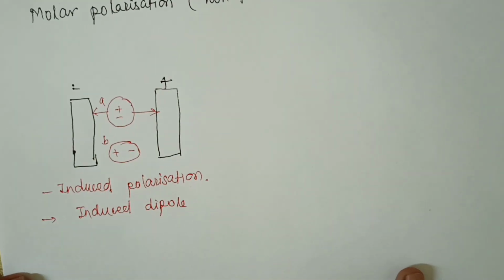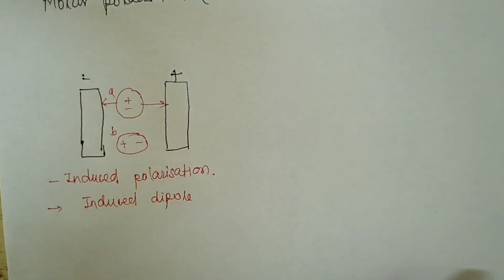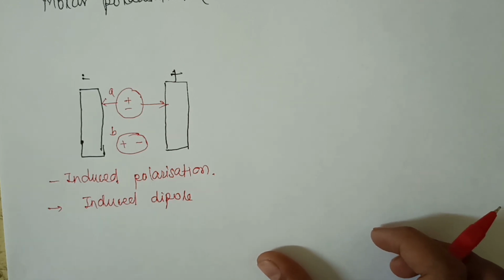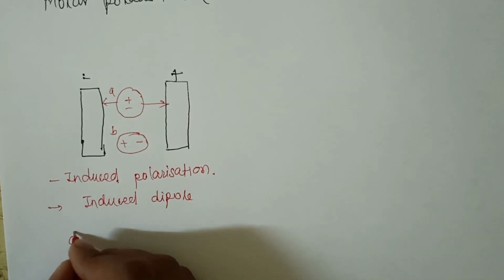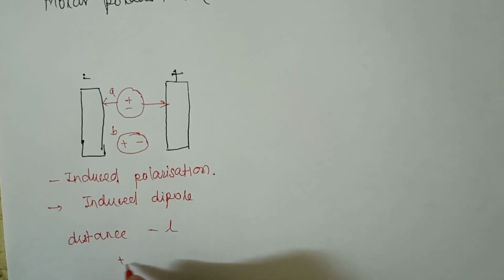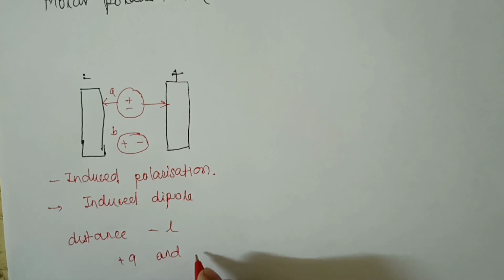In the last lecture, we also saw that the molecule remains neutral if the centers of charges are distorted through a distance L and the charges are separated, with charges plus q and minus q.